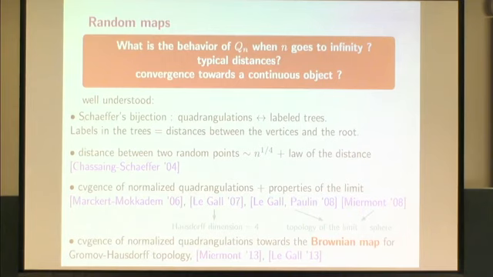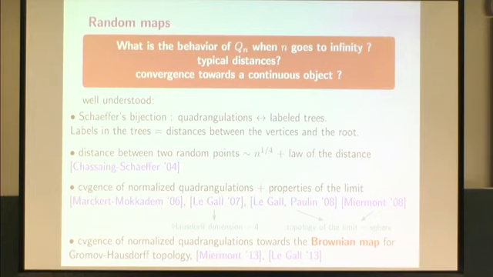There was the first work by Chassaing and Schaeffer, then work by Marckert and Mokkadem, Le Gall, Paulin, Miermont, which were concluded 2 years ago by the proof that normalized quadrangulations converge toward the Brownian map for the Gromov-Hausdorff topology.